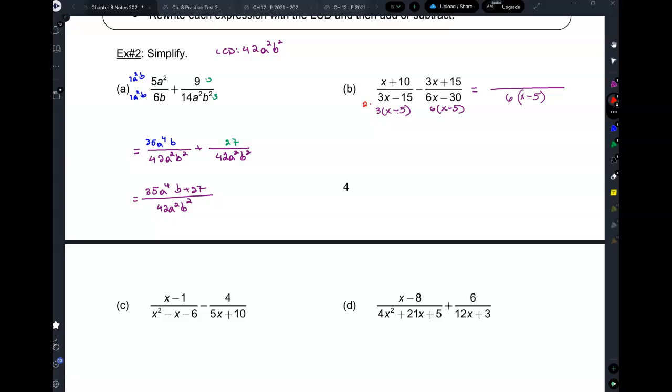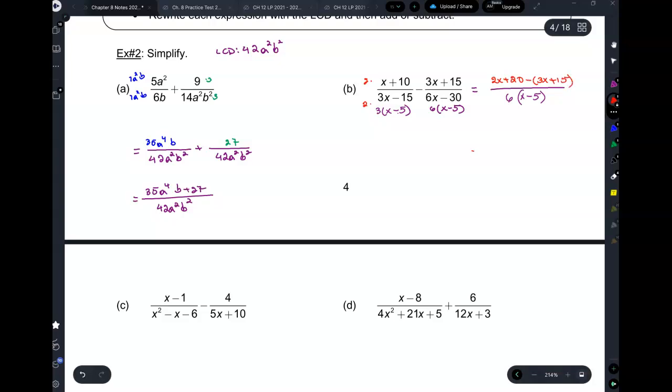Okay, between the 6 and the 3, what's the common denominator? A 6, right? So we're going to multiply that by 2 and this by 2. How about the other one? What do I multiply by? Nothing, a 1, right. So this is going to be 2x plus 20 minus, in parentheses, 3x plus 15.